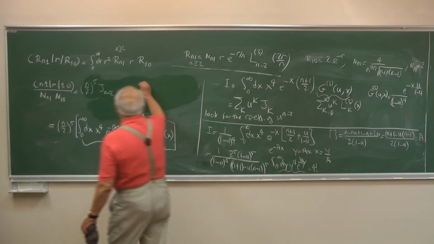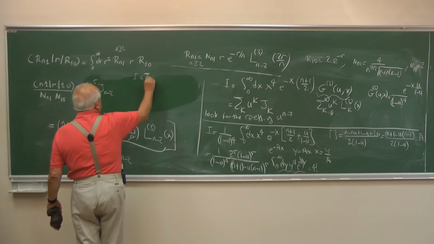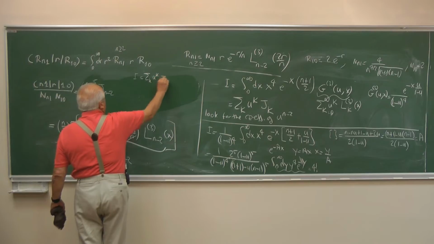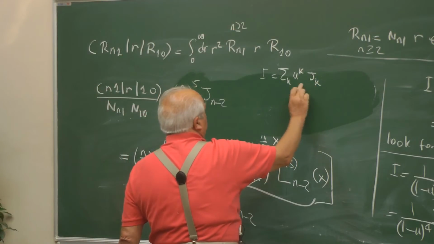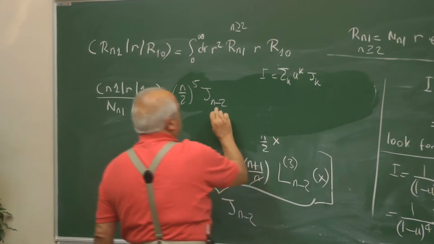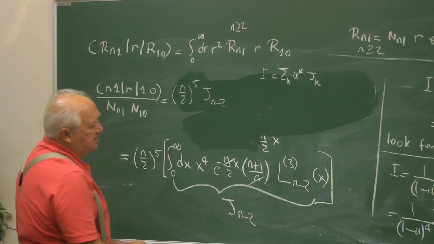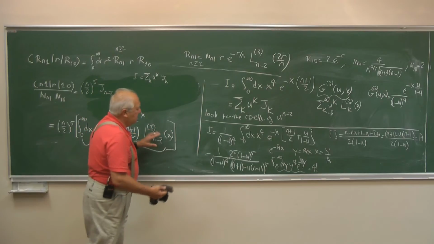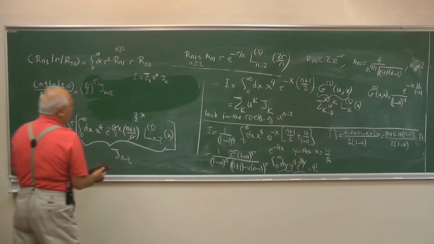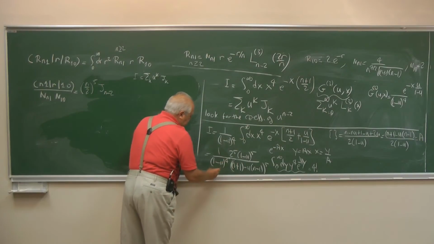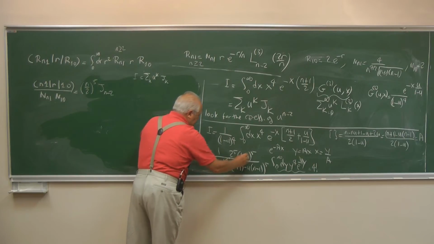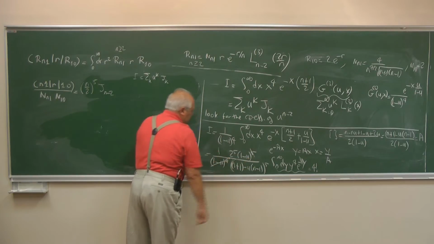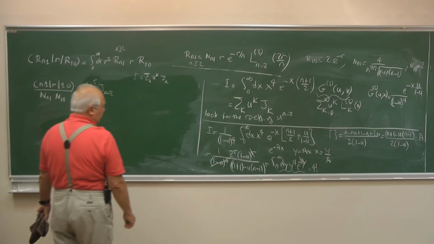Let me write here, I equals k u to the k jk, and we will look for that k which is equal to n minus 2. I am erasing the rest because I will write this here and then go on with the calculation. So some simplification here, this cancels, so 1 power is left.